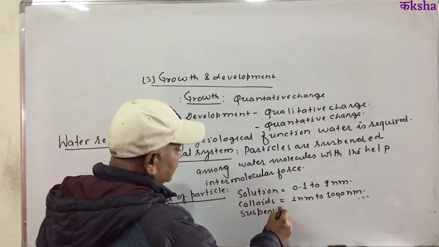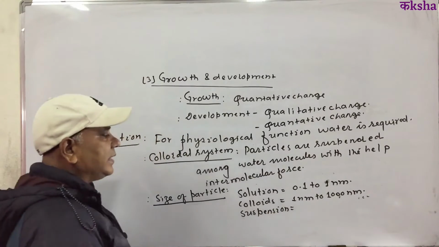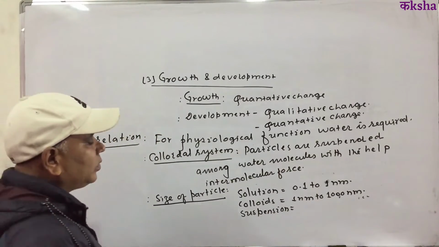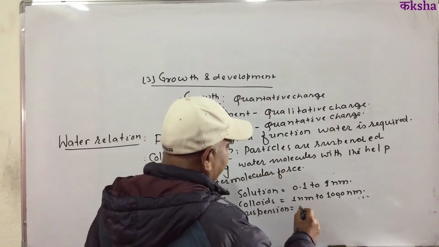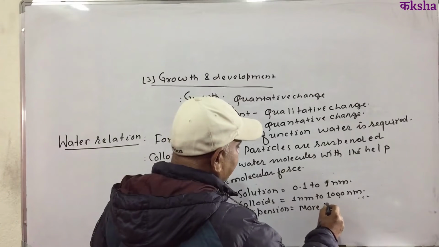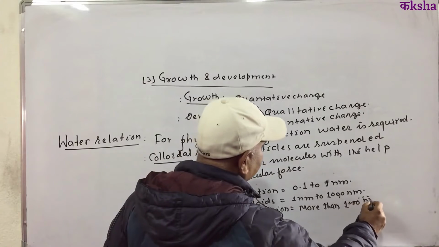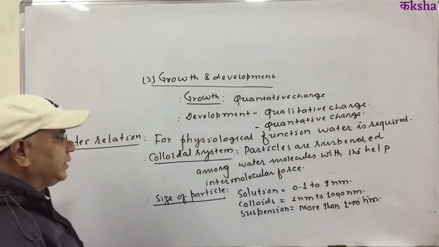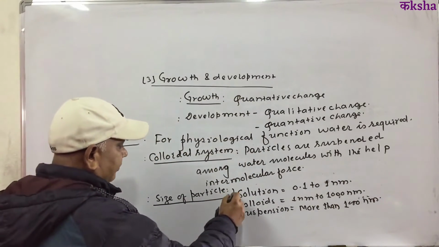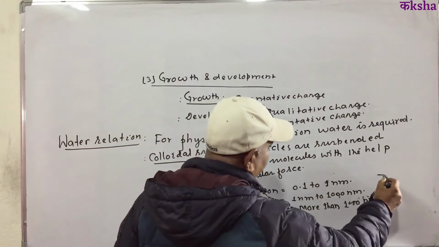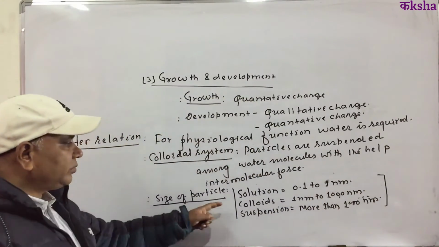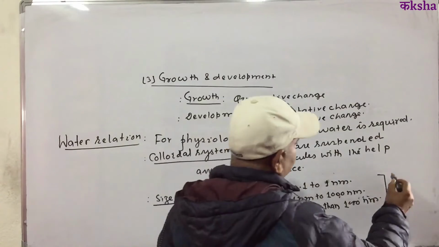In case of suspension, what is the size of particle? More than 1000 nm, that you have to know. So what is the meaning of nm? Solution is a homogeneous mixture, right?